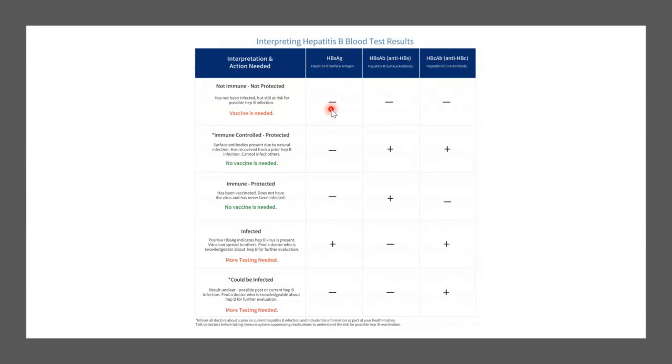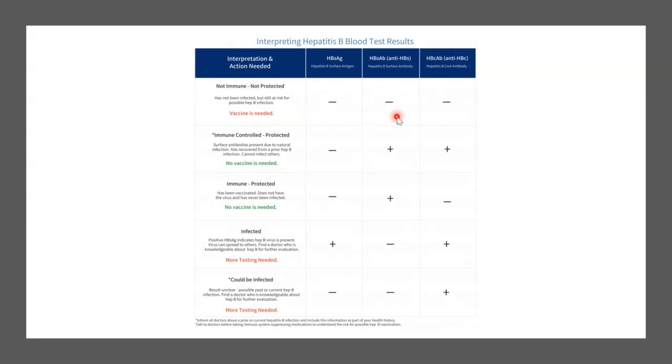If somebody has a negative HBsAg, a negative HBsAb, and a negative core, they're not immune, they're not protected. So with everything negative, the patient has not been infected because there's no core, but still is at risk for getting one, and they need a vaccine because look, they don't have any antibody in their body.